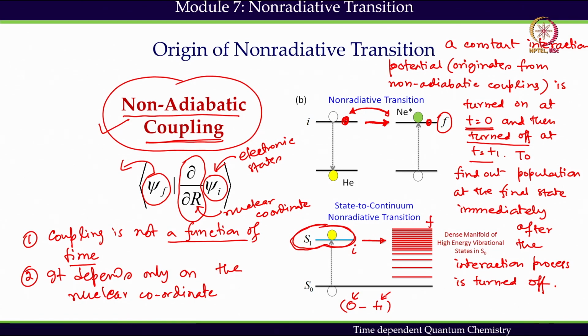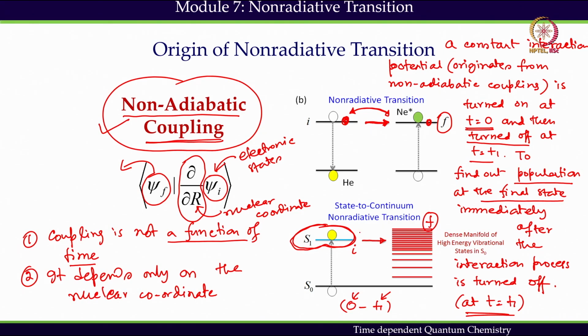And my task here is to find out the population in the final state at t equals t1, because that population is nothing but the probability of transfer.